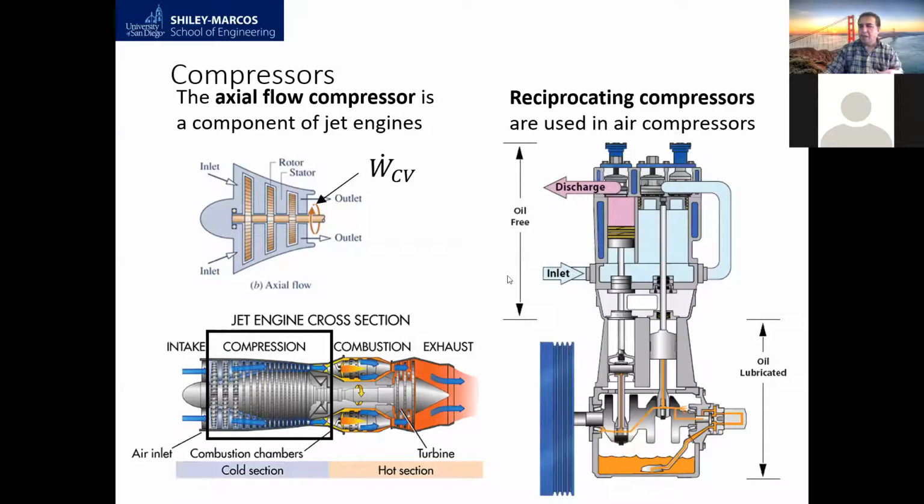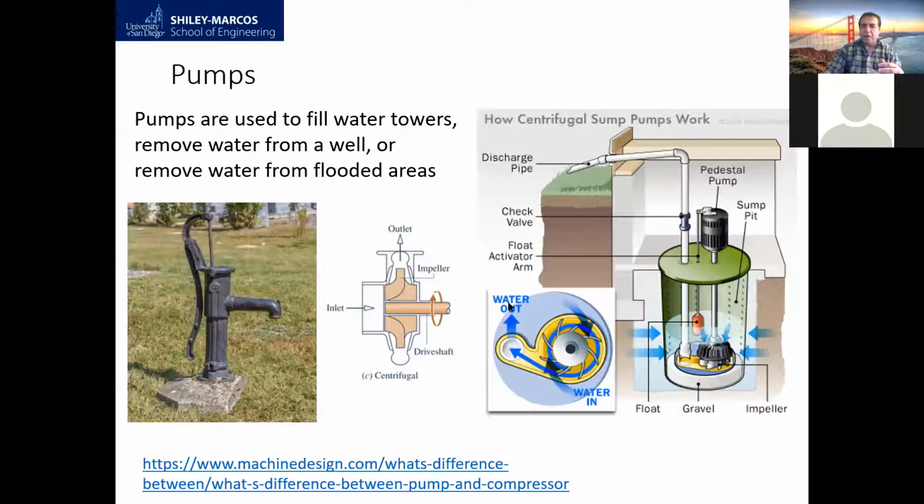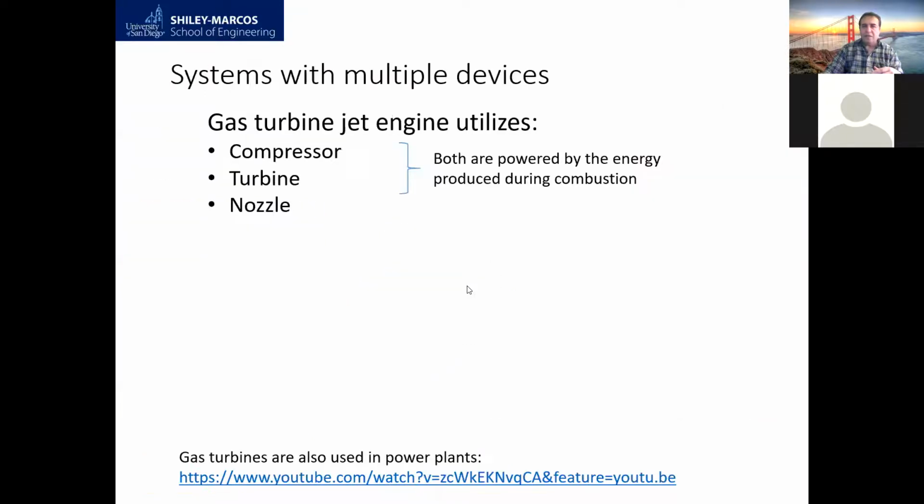And these are more pictures of a reciprocating compressor. We're going to continue on this. System with multiple devices: gas turbine, jet engine. A gas turbine jet engine utilizes the compressor, turbine, and nozzle. So to design the gas turbine jet engine, you need to have knowledge of compressor, turbine, and nozzles. Both are powered by the energy produced during combustion.